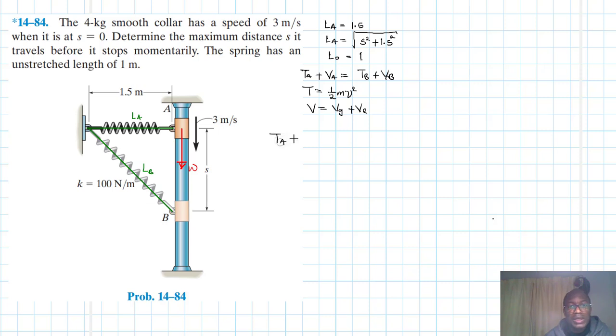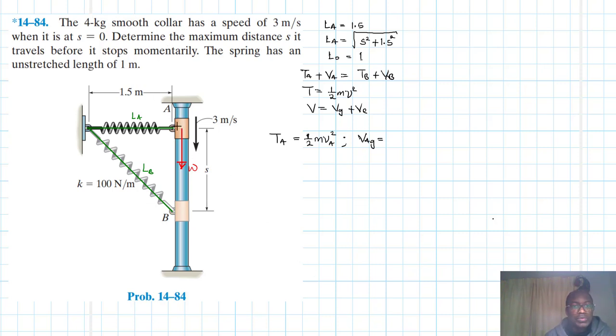So at A, the kinetic energy TA is equal to, of course, it has some initial velocity, half m vA squared, and then the gravitational potential energy at this point. Let's choose the datum.